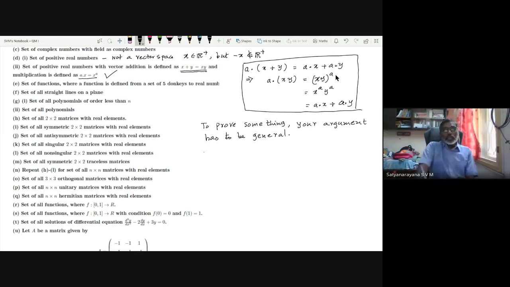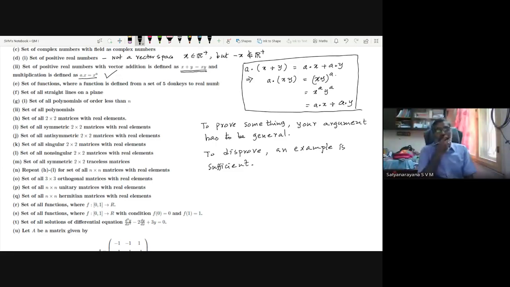On the other hand, to disprove, an example is sufficient. Okay, to disprove, an example is sufficient. So this is something which you have to keep in mind.